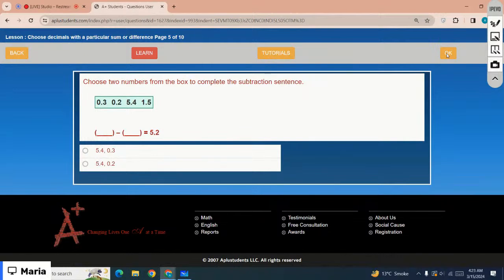Yes, that is the second one. 5.4 take away 0.2 and you are left with 5.2, right?